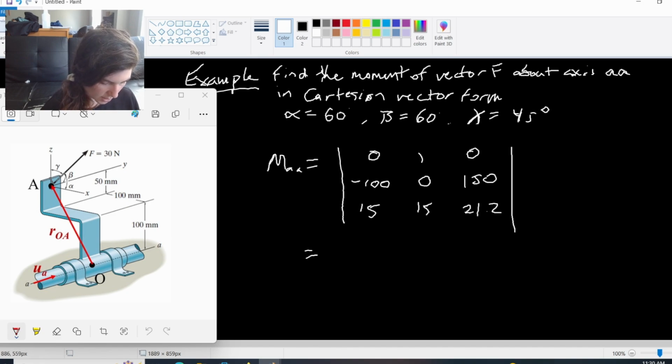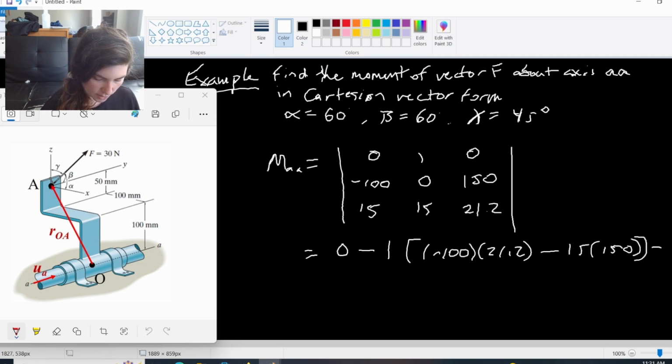So I do my cross product here. I get 0 times a bunch of stuff, doesn't matter, 0 makes that 0. Minus 1, right, always minus the j hat term. 1 times negative 100 times 21.2 minus 15 times 150.